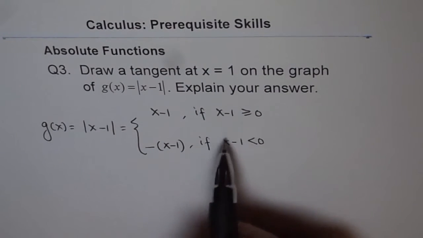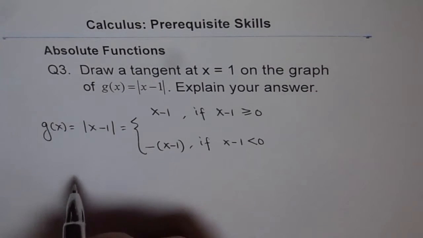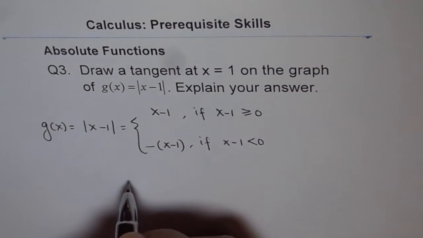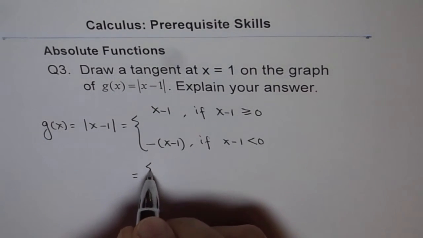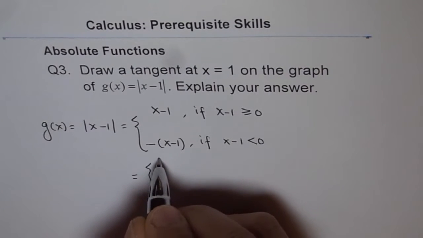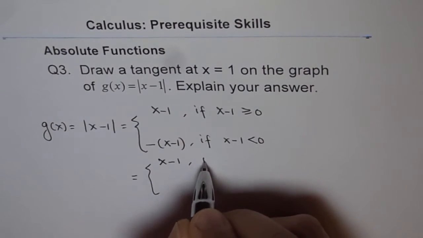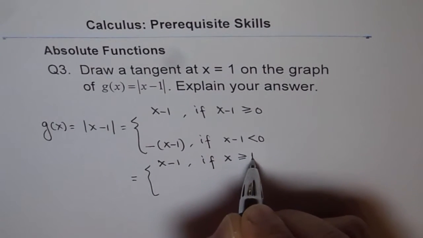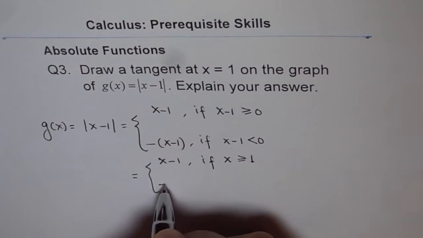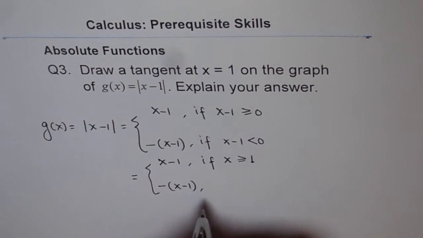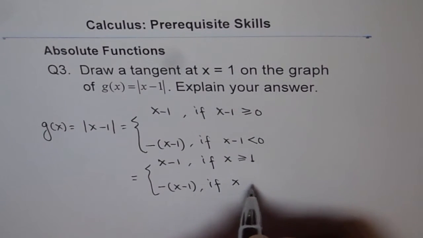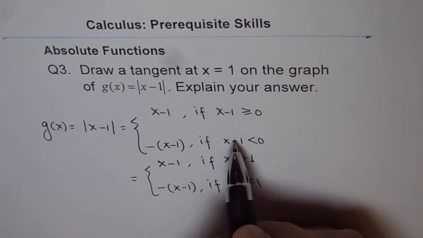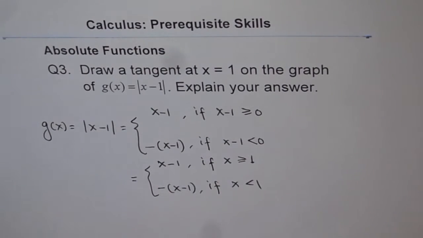Now we can rearrange this and rewrite what absolute x minus 1 means. It is equal to x minus 1 if x is greater than or equal to 1, and it's equal to minus of x minus 1 if x is less than 1, correct? So we move this one to that side and solve the inequality. So that is the function, correct?